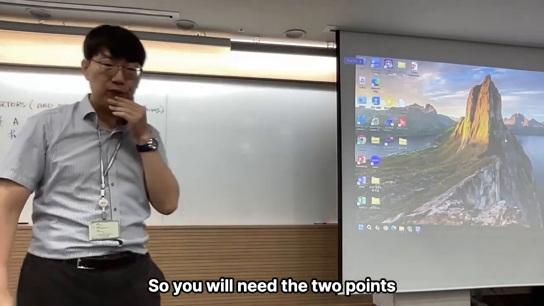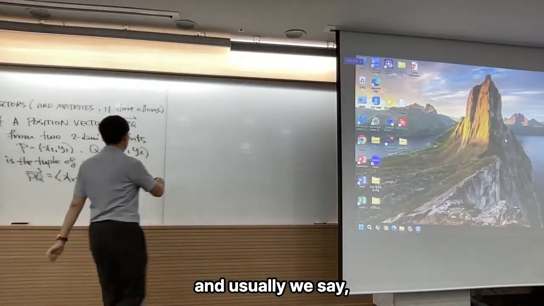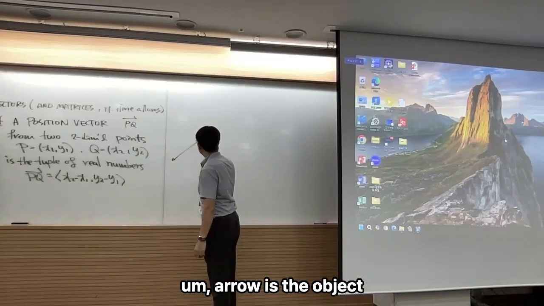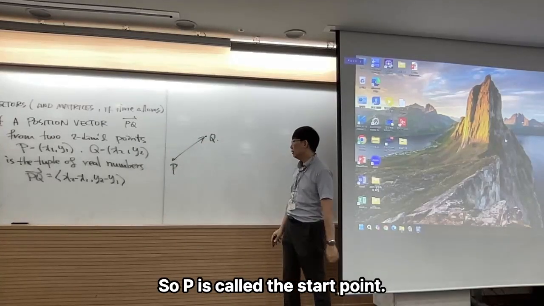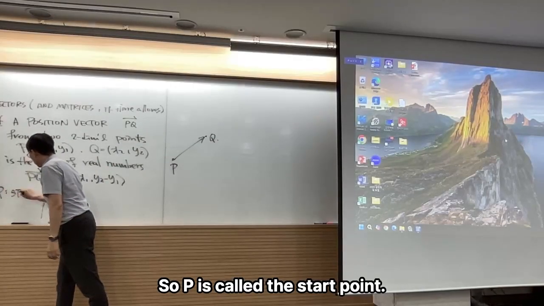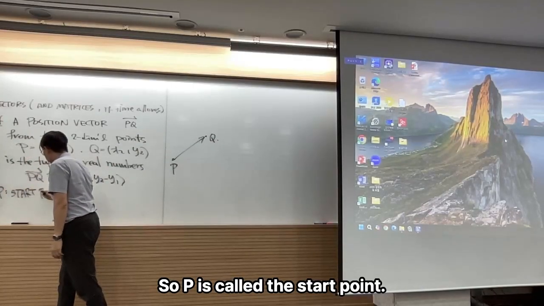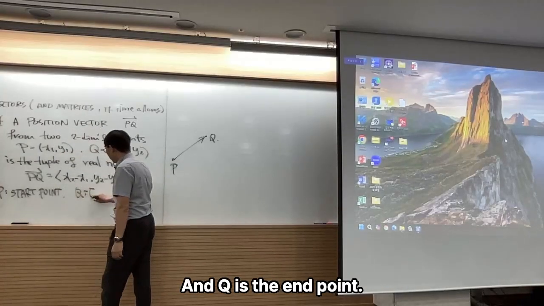So you need two points to define a position vector, and usually we say the arrow is the object that represents the vector. P is called the start point, and Q is the end point.